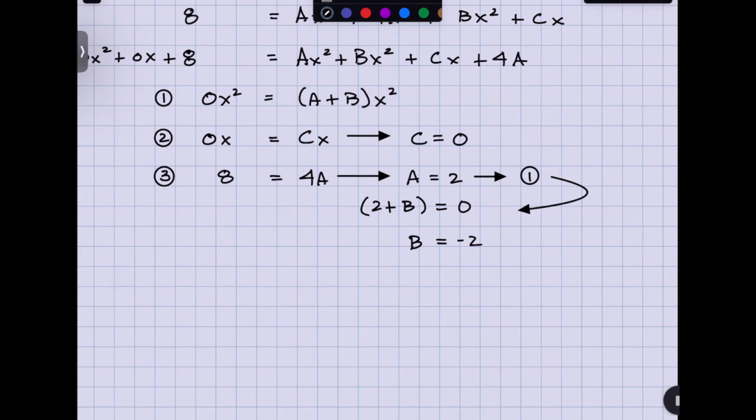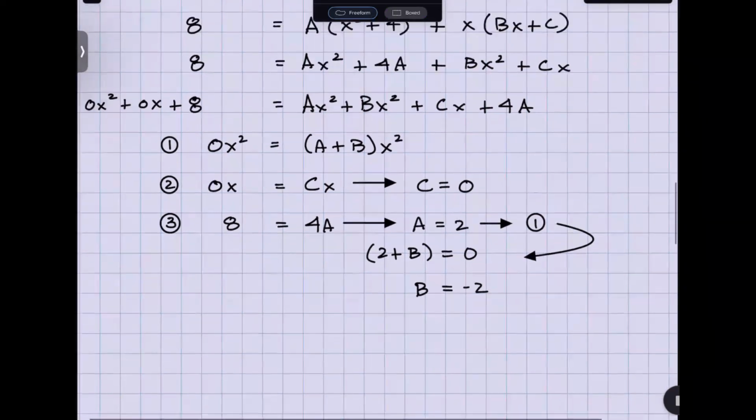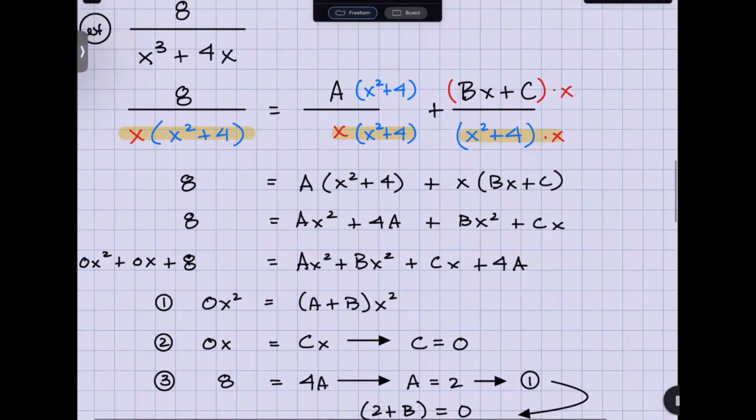Now I can rewrite the decomposition, meaning, oh boy. Chan, stop being lazy. Uh-oh.